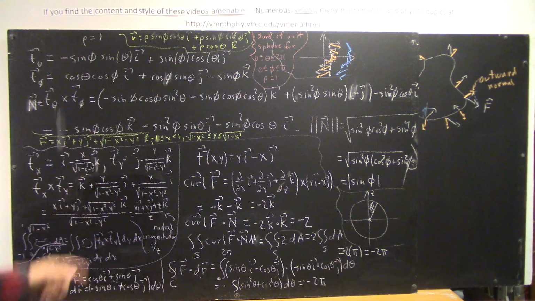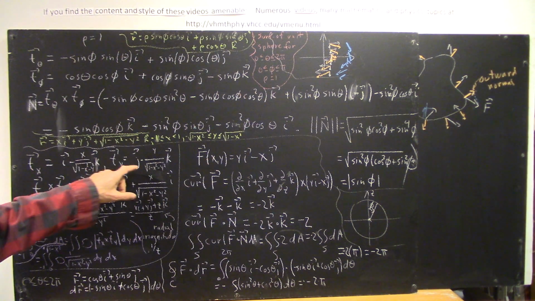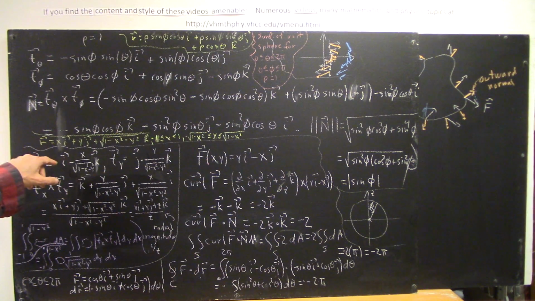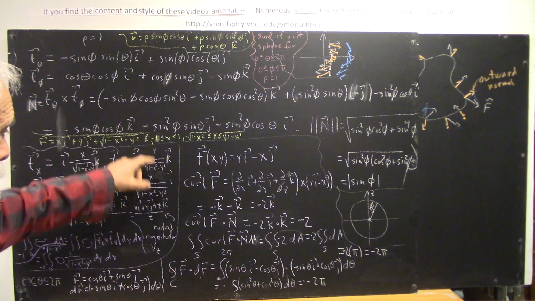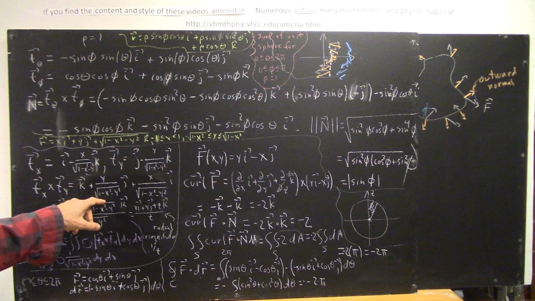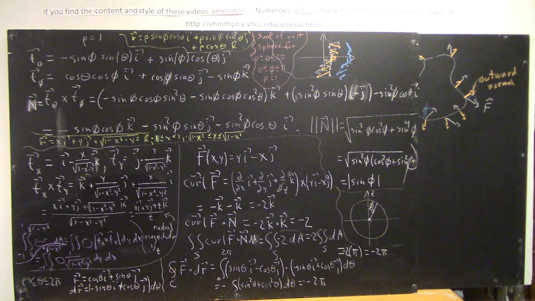And then T_x cross T_y, again, is easily calculated. i cross j gives you k. i cross k gives you negative j, so that we're going to have a negative of your negative y over the square root of 1 minus x squared minus y squared times j.